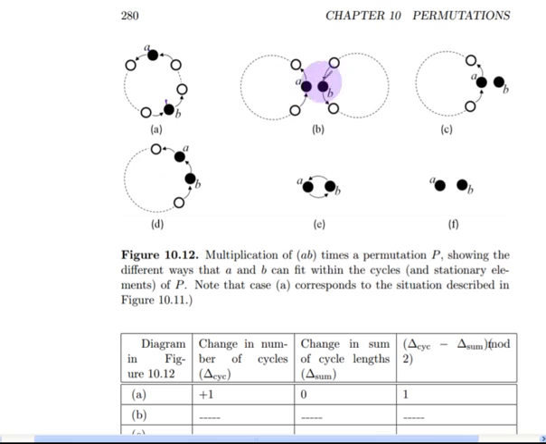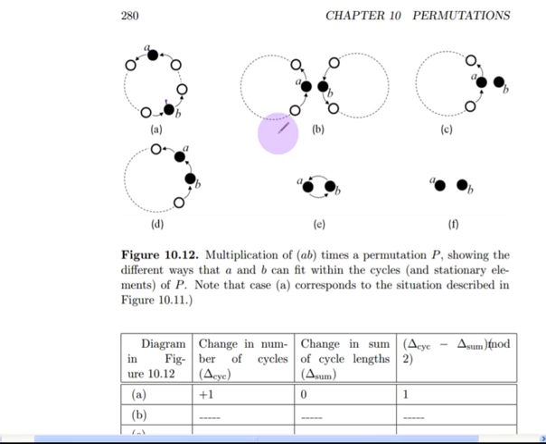You could take a transposition of 2 points on 2 different cycles. You could take a transposition where one point is on a cycle and the other point is not on any cycle. You could take the transposition between 2 isolated points, or, sorry, what I mean is you could take a transposition of 2 points that are in a 2-cycle, or you could take a transposition of 2 isolated points. So if we characterize all of these cases, we should be able to exhaustively tell what happens when we multiply a permutation by a 2-cycle.